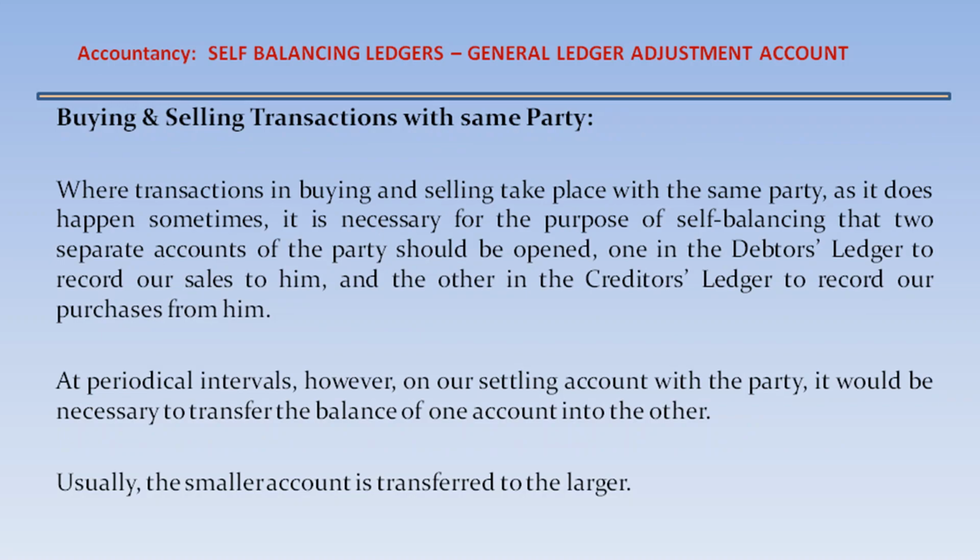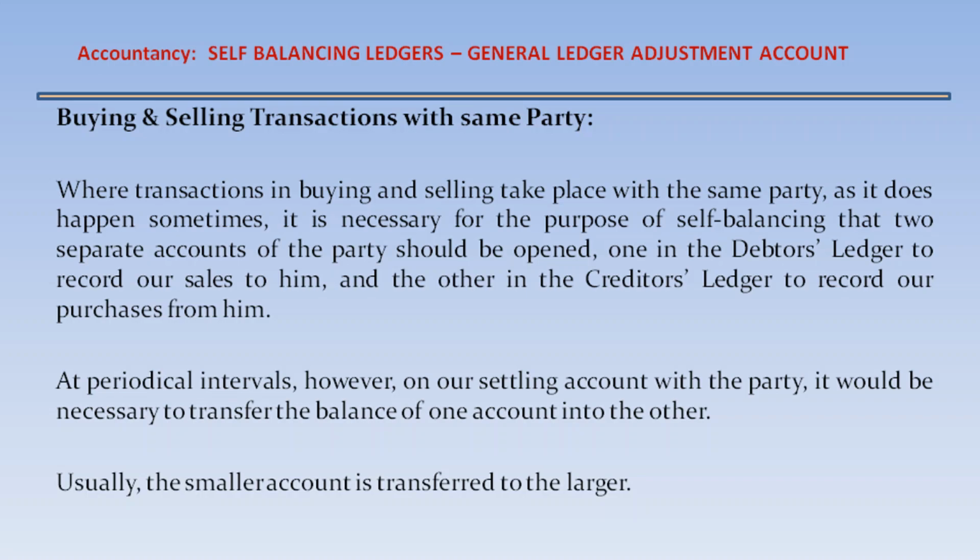Buying and selling transactions with the same party. Where transactions in buying and selling take place with the same party, as it does happen sometimes, it is necessary for the purpose of self-balancing that two separate accounts of the party should be opened, one in the debtors ledger to record our sales to him and the other in the creditors ledger to record our purchases from him.